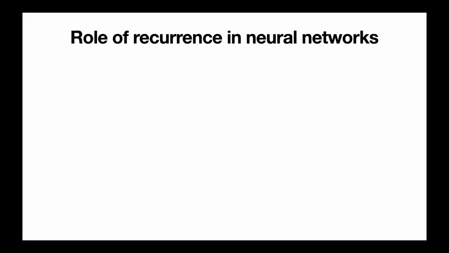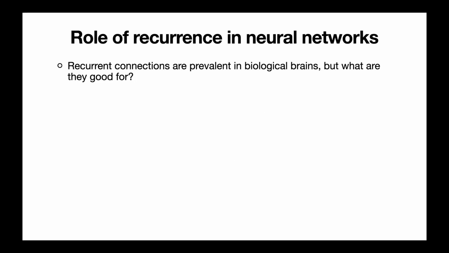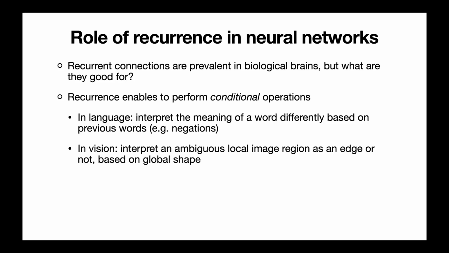So, the role of recurrence in neural networks. Everyone knows that recurrent connections are prevalent in biological brains, but what are recurrent connections good for? One thing that recurrence enables you to do in computational terms is to perform conditional operations.